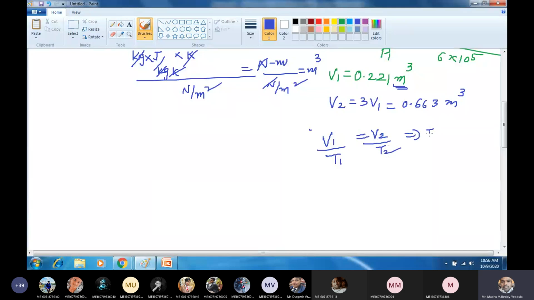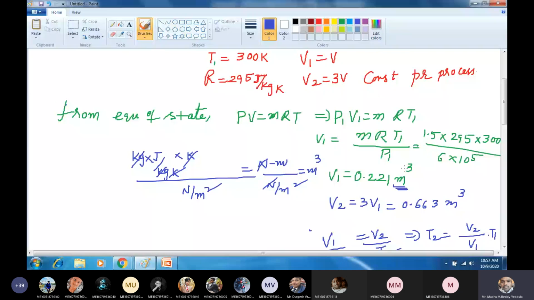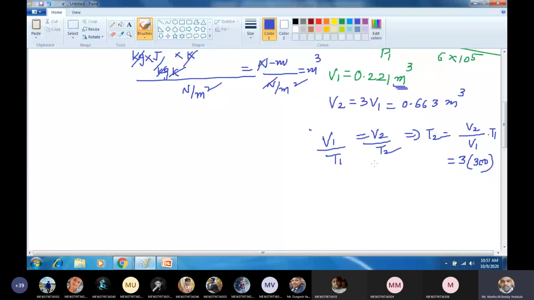Therefore, T2 is equal to V2 by V1 into T1. V2 by V1 is 3 and T1 is 300. So the final temperature T2 is equal to 900 Kelvin.